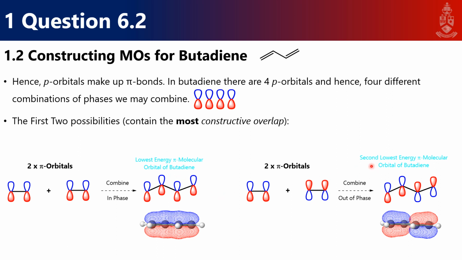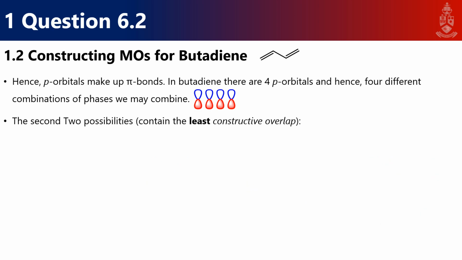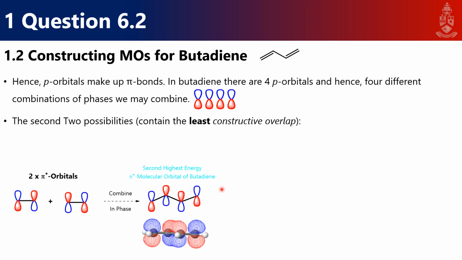This one is the second lowest. Okay, so you're getting where this is going. So now let's say we switch one of these. That's the next idea, and we're getting to the least constructive overlap. So now there's going to be 1 kind of overlap, and 2 that aren't overlapping. So the third gives you something that looks like this.